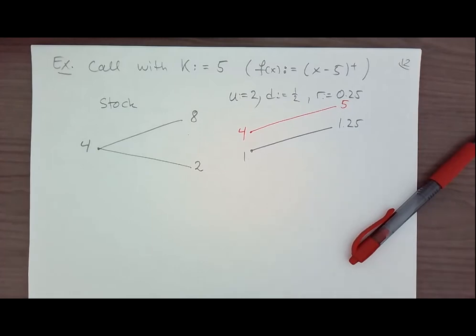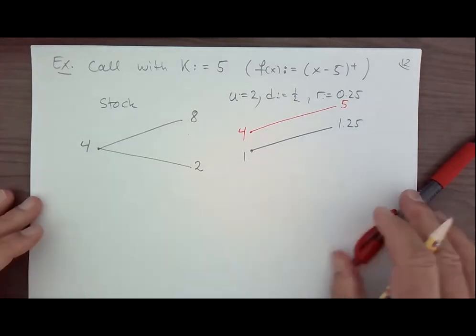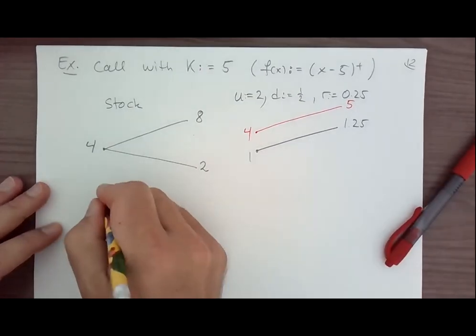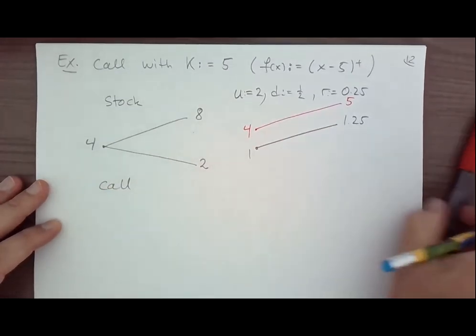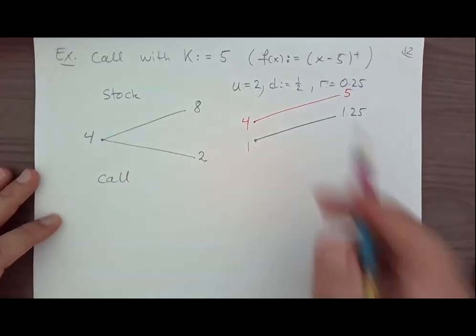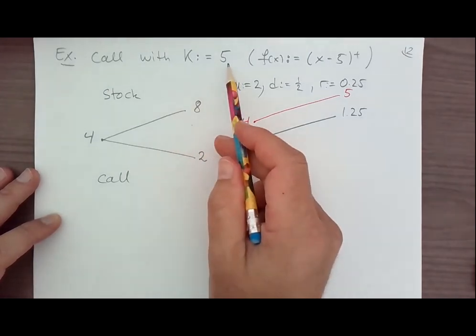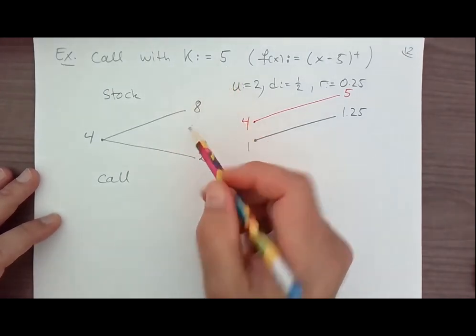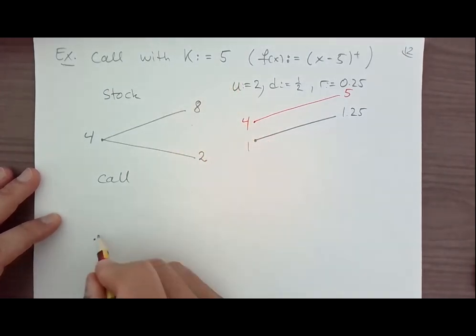So how do we price this call? Well, we want to look at the call's payoff. The call is written on the stock with strike 5, so it's going to have 2 values.